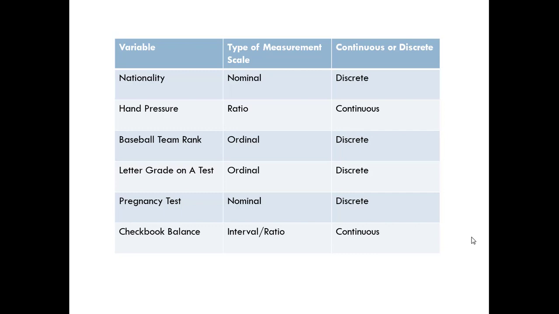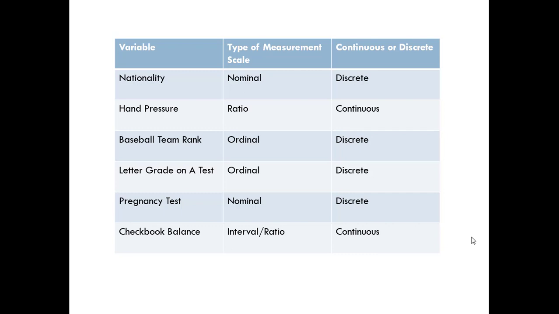Now, it doesn't have equal intervals, although on the surface it may appear to have equal intervals. So let's say a person was rank ordering the teams based on the wins that the team accrued over the season. So let's say that Baltimore Orioles had 50 wins on the season. Let's say the Cardinals had 15 wins on the season. And let's say the Rams had no wins on the season.